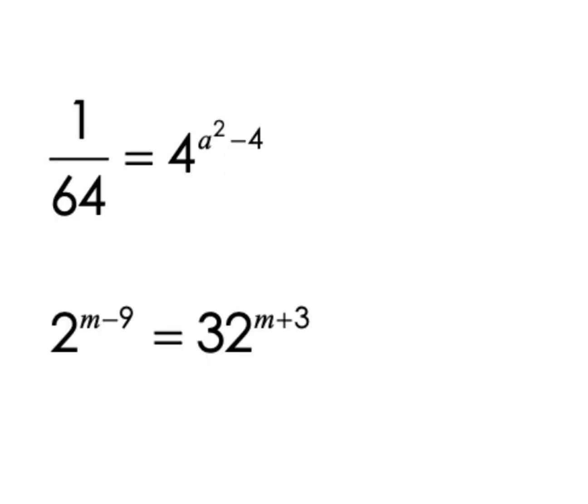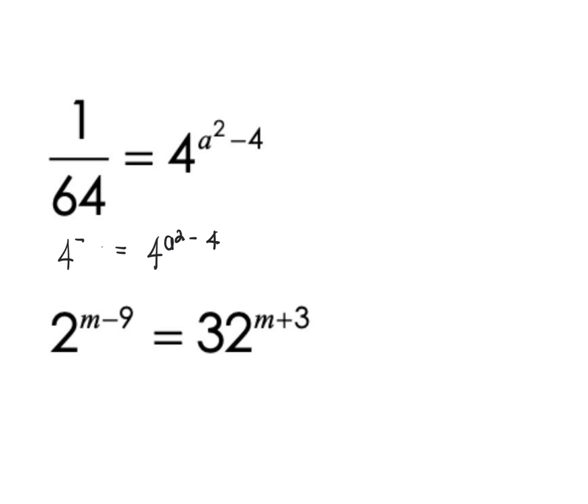Here we have 1 over 64 equals 4 to the a squared minus 4 power. So 1 over 64 is technically 4 to the negative 4 power. Oh, I'm so sorry.